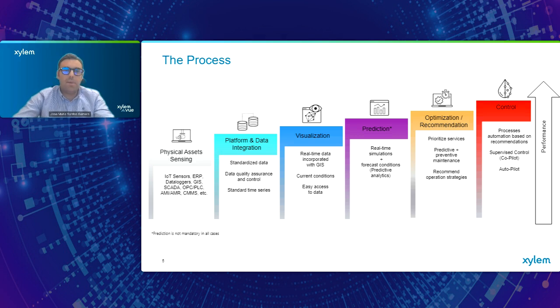For example, anticipating the pressure variation in an area where a valve will be closed for some time, or the resulting impact on the level of service, and how long a tank will be able to provide service according to the forecast of the consumption.